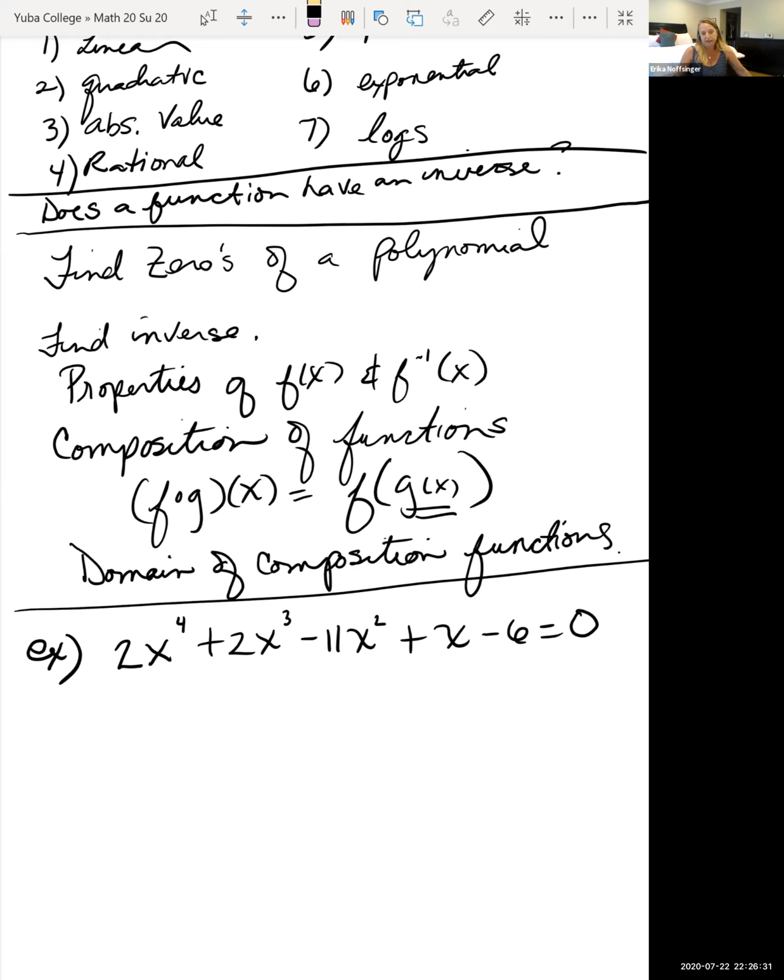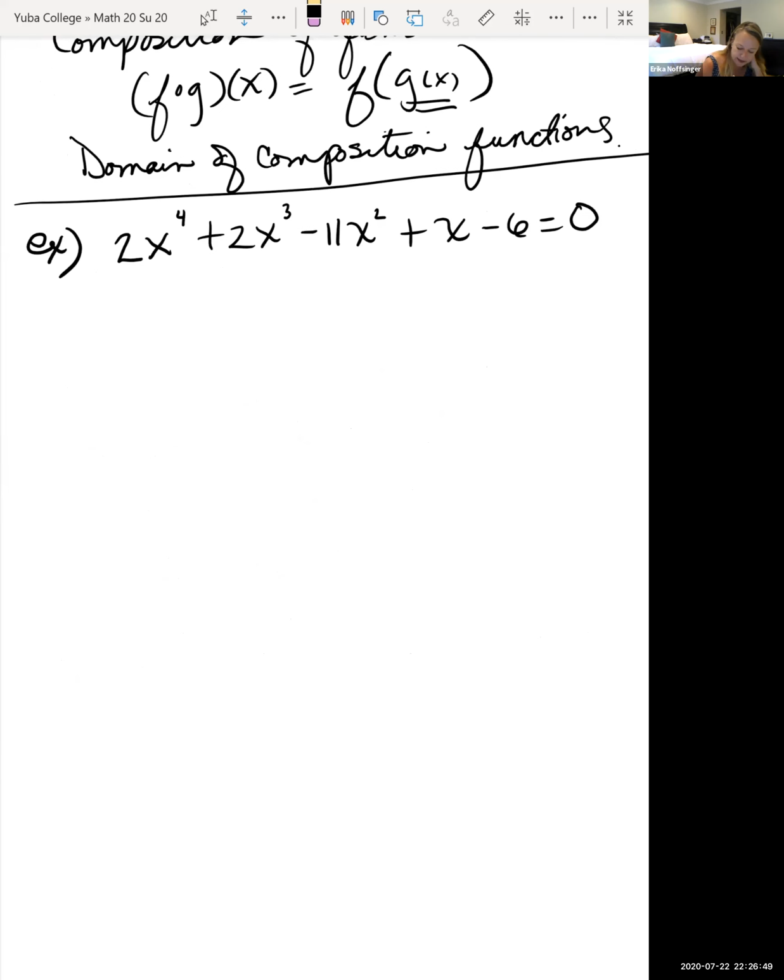Okay, so looking at this, I would first see if I could factor it, and there's no way I can factor this offhand by using methods from before. So let's just not think about this as an equation for a minute, and let's look at f of x equal to 2x to the fourth plus 2x cubed minus 11x squared plus x minus 6.